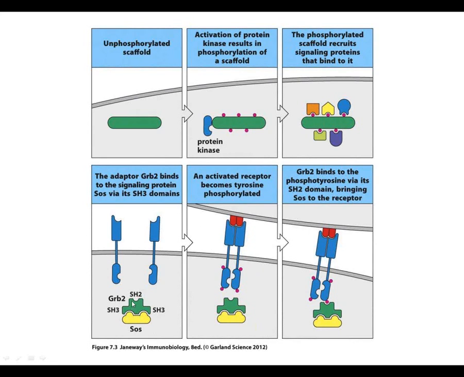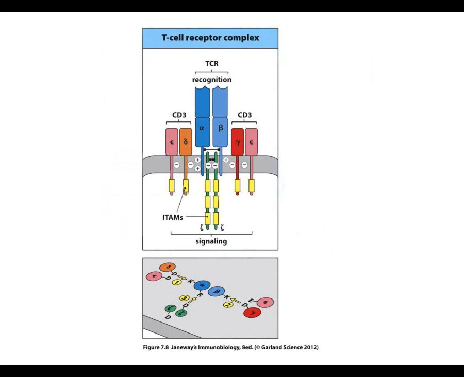Or here's GRB2, which is an adapter protein, which is bringing SOS in conjunction with this receptor kinase. In and of itself, it doesn't have any enzymatic activity, but it's bringing these two into close approximation.